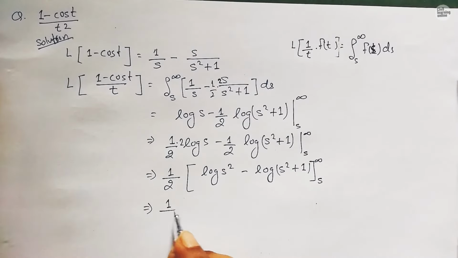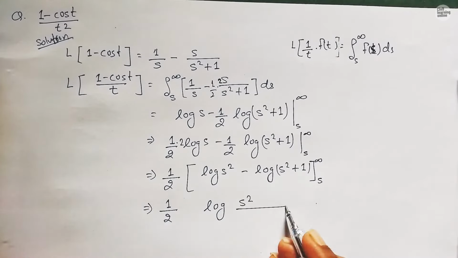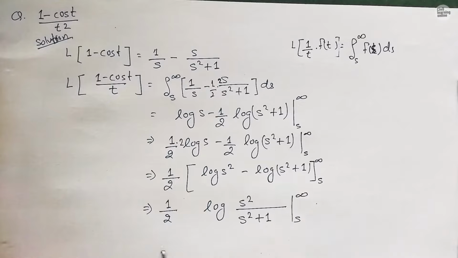So again 1 upon 2 log (s square upon s square plus 1), from s to infinity.